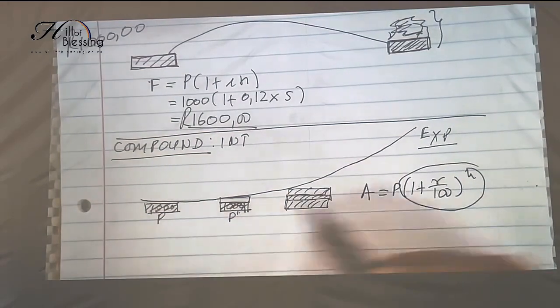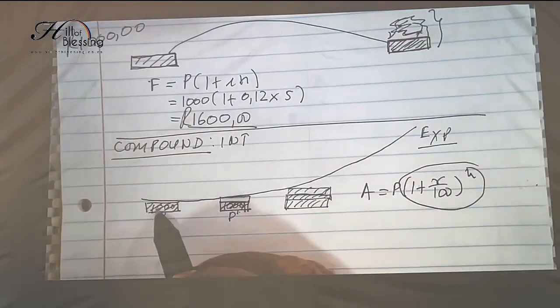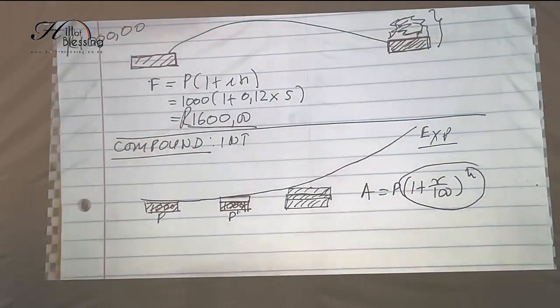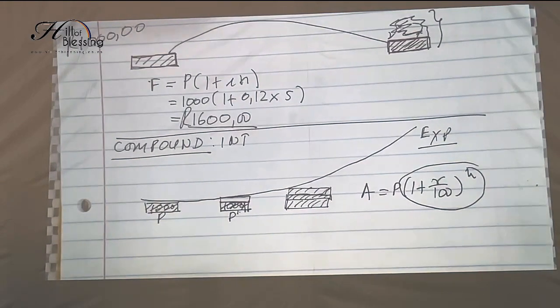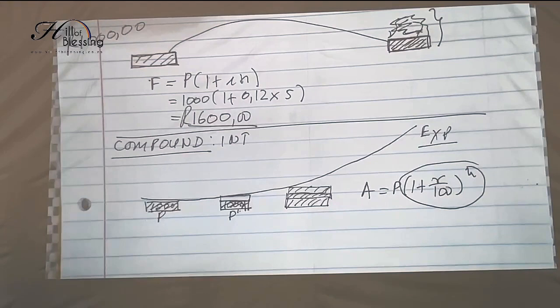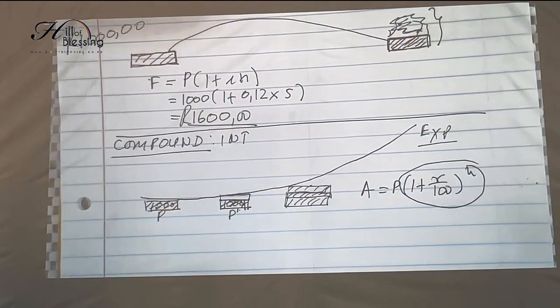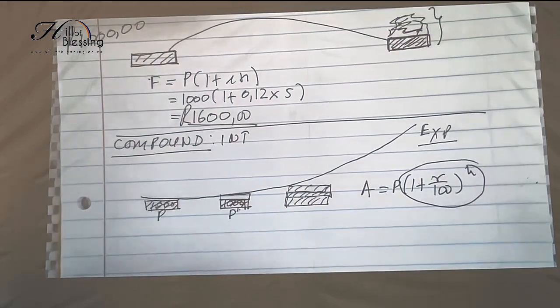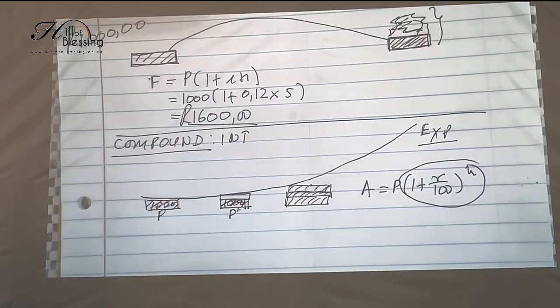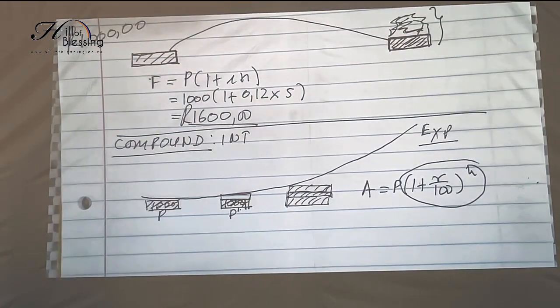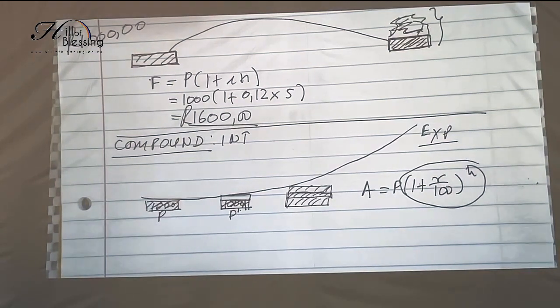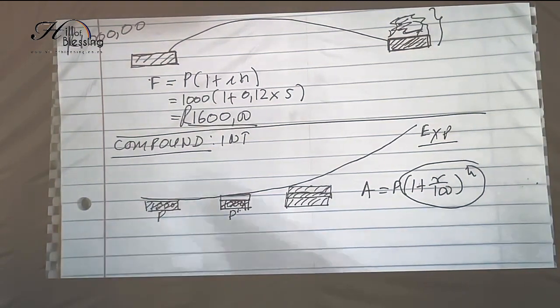In the case of compound interest, you're putting in the 1,000 rand, but the interest gets added maybe monthly, quarterly, half yearly, or biannually, twice in a year. So that is called the frequency of the investment, or the frequency of adding the interest.